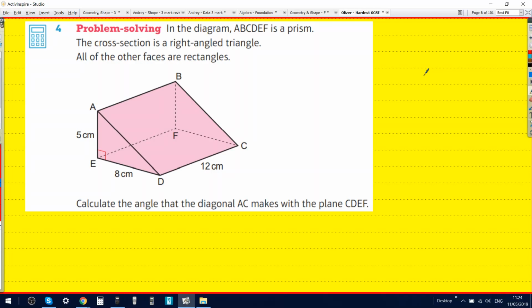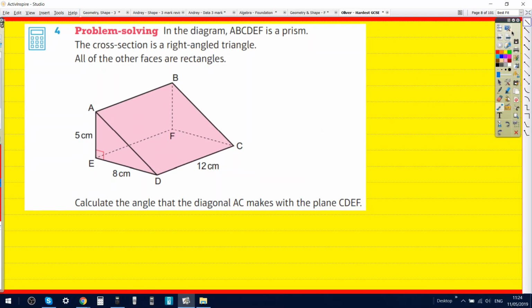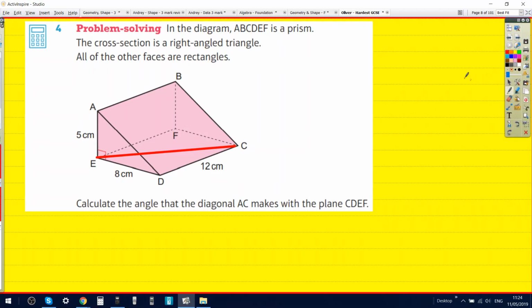First, we could find EC, that length. That would just be simple Pythagoras, so 8 squared plus 12 squared, square root, and the answer is 4 root 13.